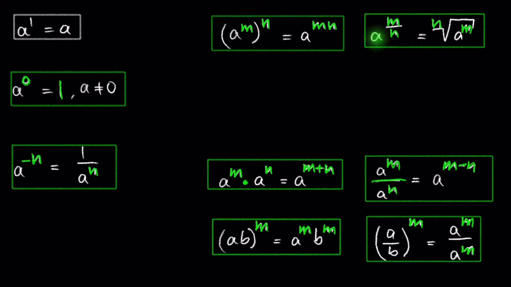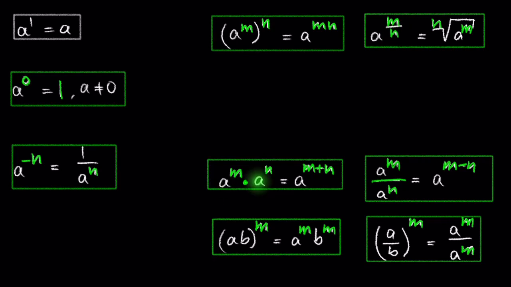Any non-zero number raised to m over n is the same as the nth root of a to the power of m. The denominator n must also be a non-zero number because dividing by 0 is not defined. In other words, impossible.